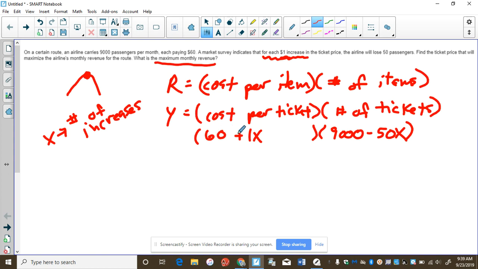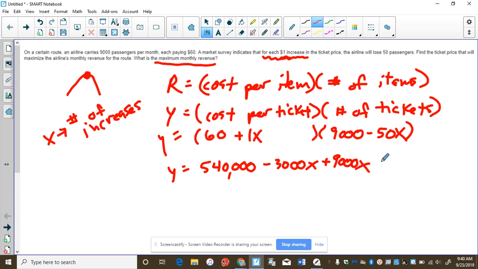Because that independent variable can keep changing, this is what we end up with as our calculation of revenue. The ticket will cost $60 plus $1 for every increase that's made. But every time this increase is made, this affects the number of passengers. So we end up with this equation. Now, if we FOIL this out, 60 times 9,000 is 540,000. 60 times negative 50x is negative 3,000x, plus 1x times 9,000 is 9,000x, and 1x times negative 50x is negative 50x squared.